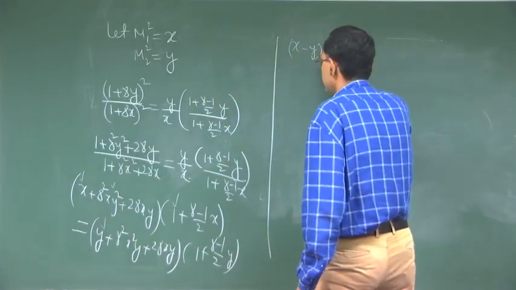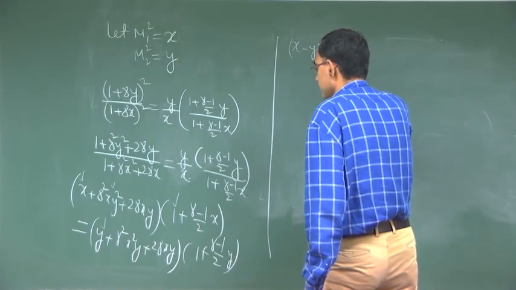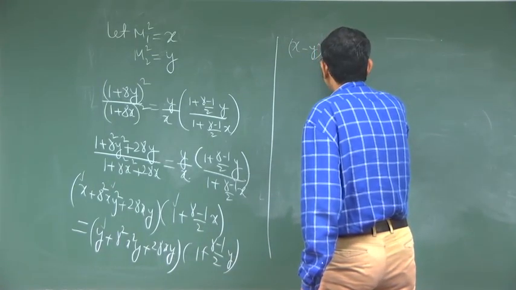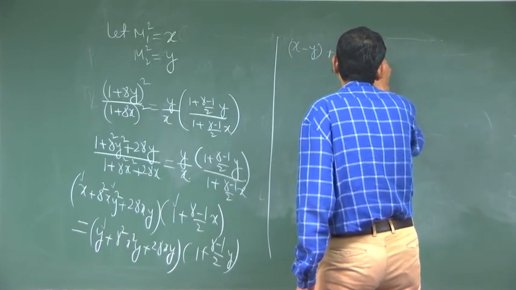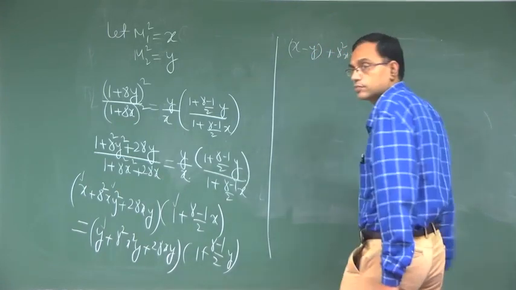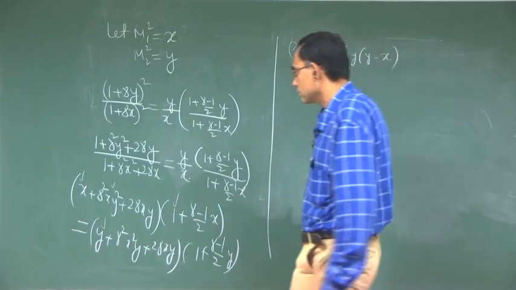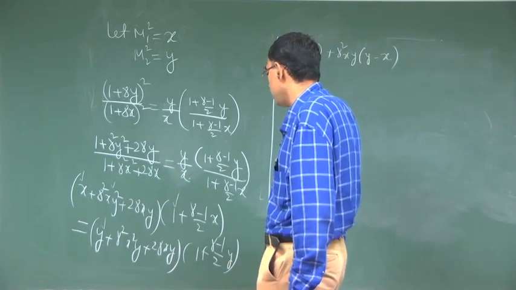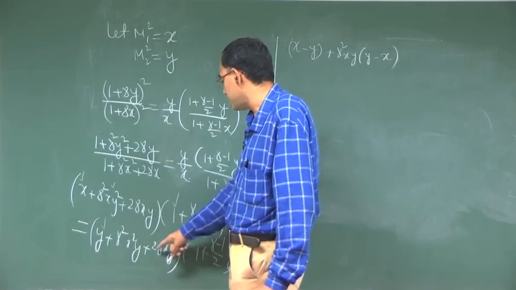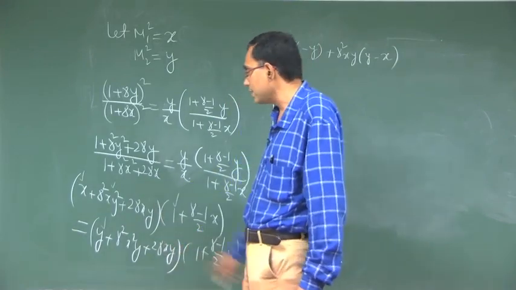So, you can write gamma square x y into (y minus x). Then the third term multiplied with 1, this is 2 gamma x y, this is also 2 gamma x y. So, they get cancelled out.